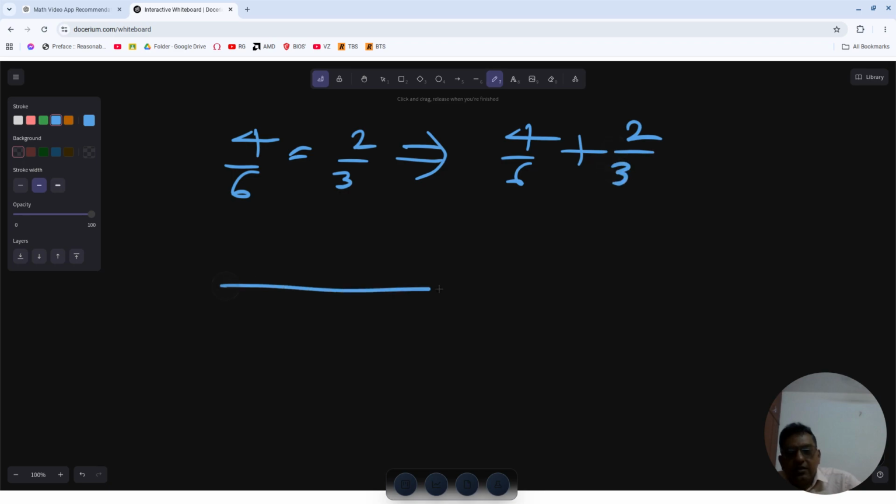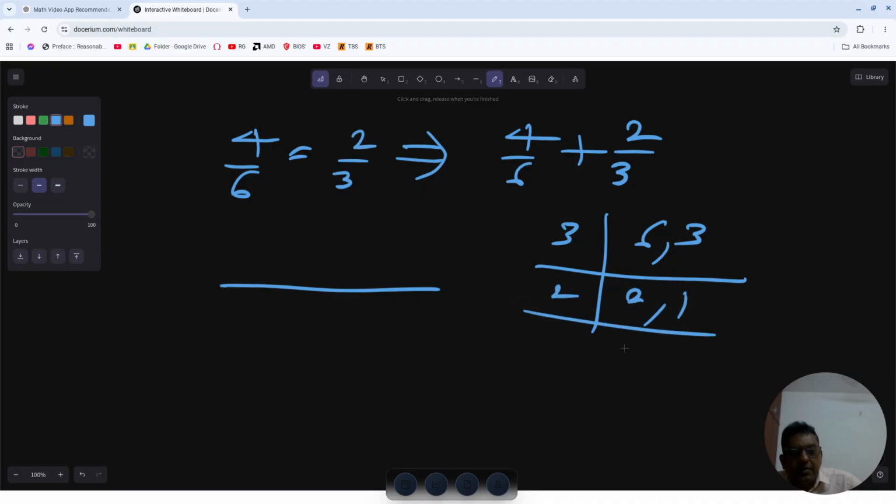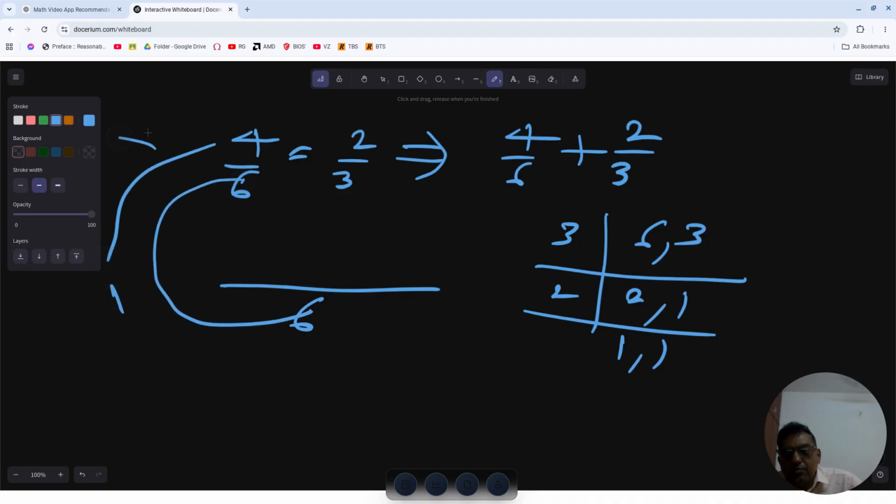Here, for 3 and 6, you take the LCM of that. 6 is the bigger factor. Now 6 divided by 6 becomes 1, and that is multiplied by 4, and it becomes 4.